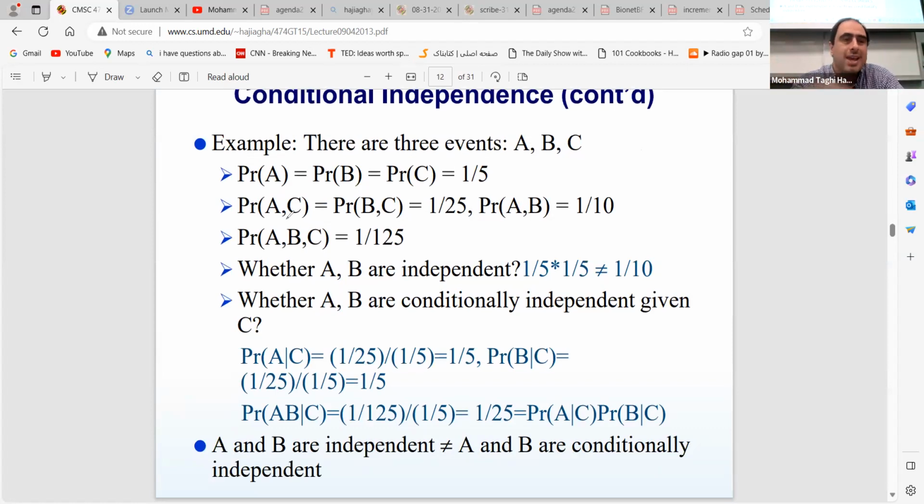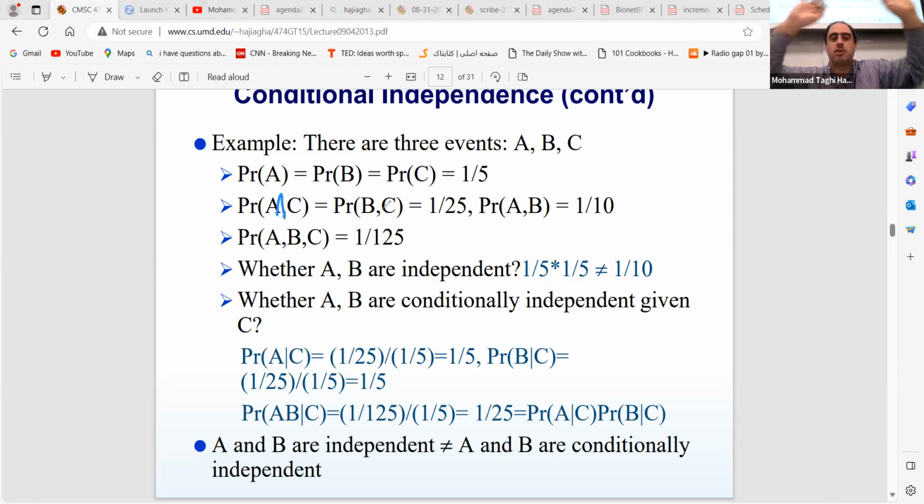The probability of AC, where AC means A intersection C, is 1/25. The probability of B intersection C is 1/25, the probability of AB is equal to 1/10, and the probability of ABC is equal to 1/125. Again, the probabilities are just some numbers that we are giving, some functions essentially.